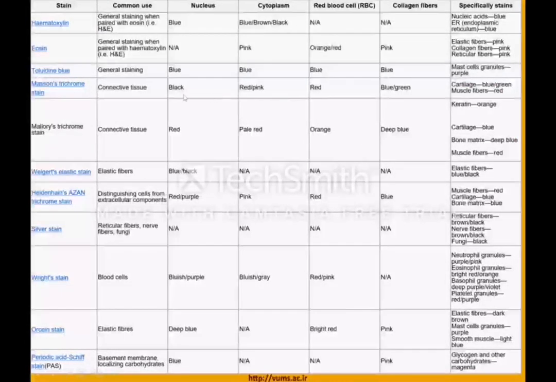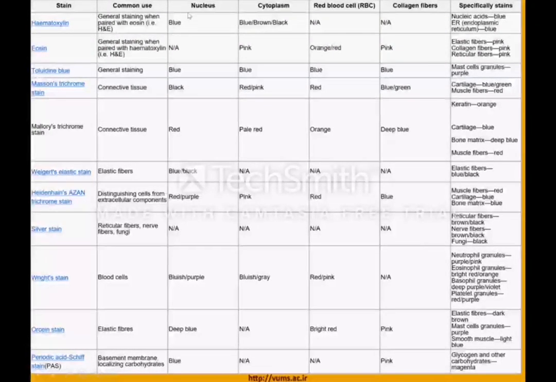In this table, there are different stains for different structures of the cell. Hematoxylin and eosin is a general staining used for different tissues, where eosin is paired with hematoxylin.